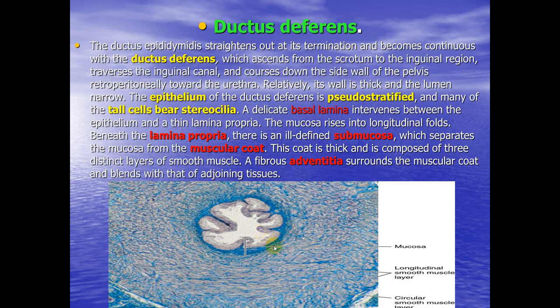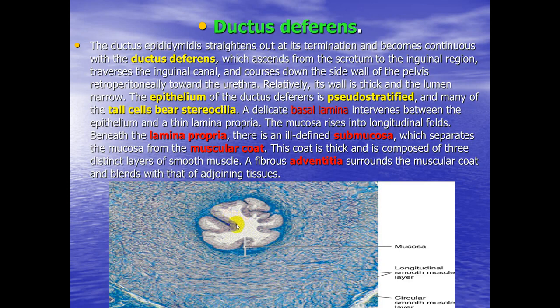So under the tunica mucosa we can find the tunica submucosa, loose connective tissue around, and then a muscular coat, not thin. It consists of layers of smooth muscle cells. And you see how thick the smooth muscle tunic is. And around is the tunica adventitia. It is also connective tissue.